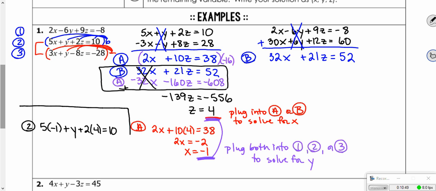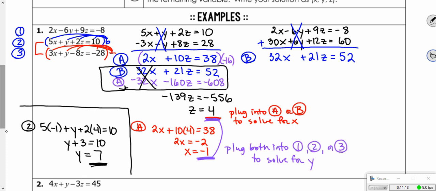Sorry. I need to kind of block off what I'm doing here. So we're plugging in the negative 1 for x, we're plugging in the 4 for z, and then I've got my y in the middle. So negative 5 and 8, this is going to be y plus 3 equals 10. So y equals 7. Woo. So now my ordered triple, I have now solved for all 3 variables.